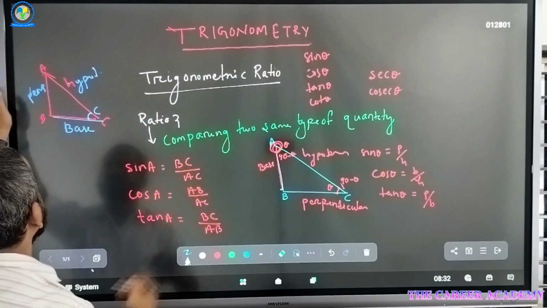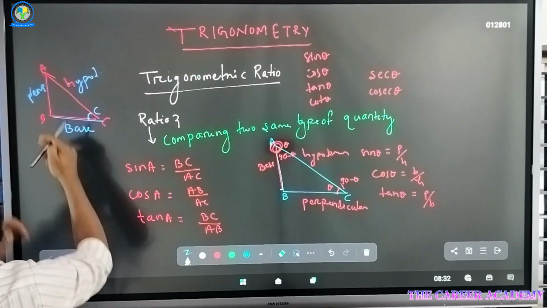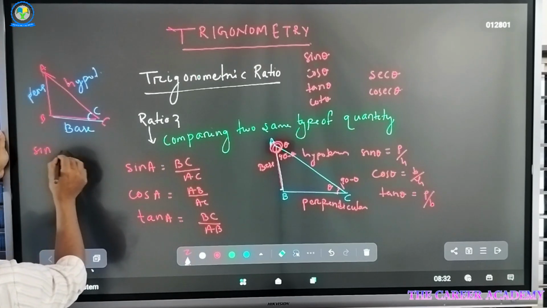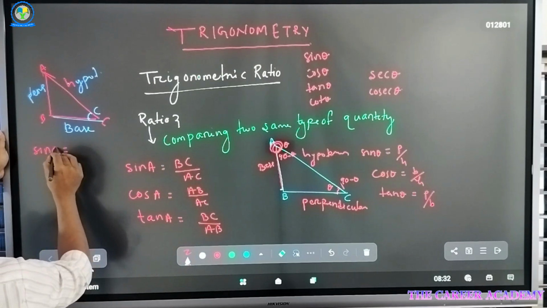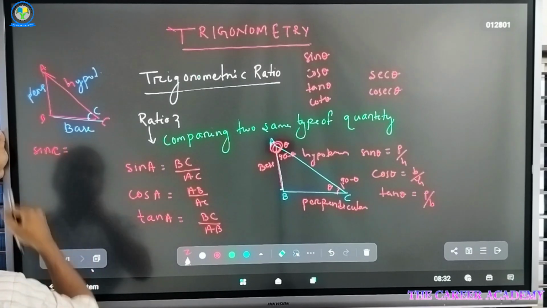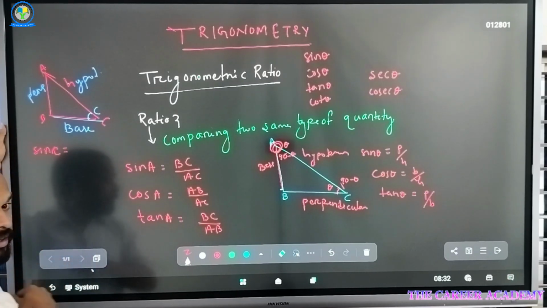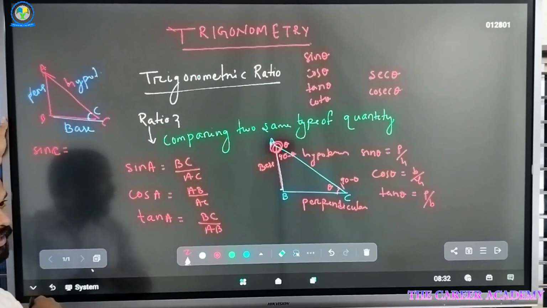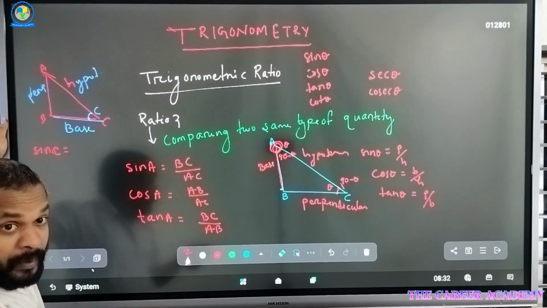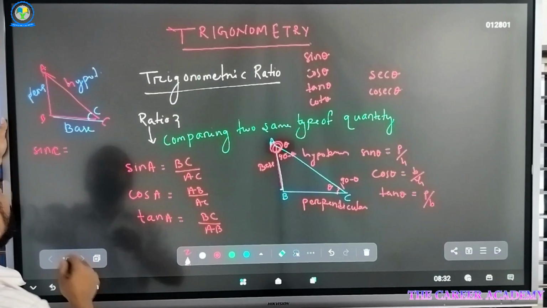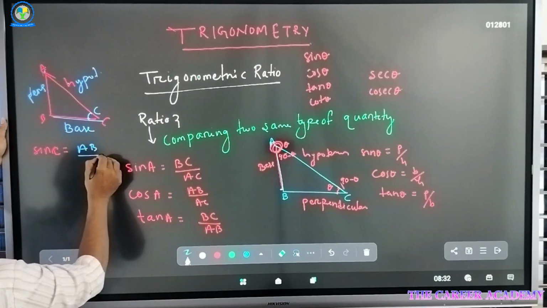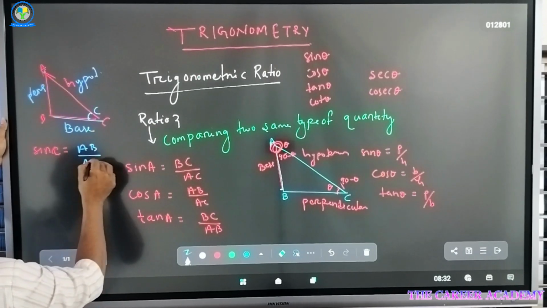Clear? So when you take sin C, sin C is perpendicular upon hypotenuse. Which is the perpendicular? It is AB upon hypotenuse AC.